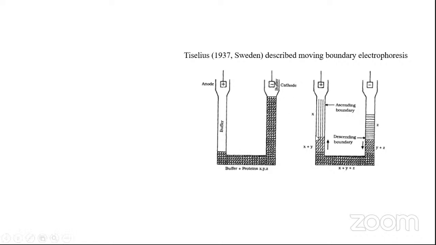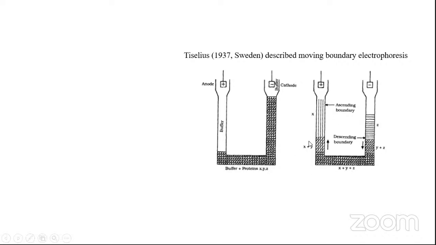A simple example is given over here. Say this is pure buffer, this is also pure buffer, and this portion that you can see is a mixture of three proteins, say X, Y, and Z. When you turn on the electric field, there will be some degree of movement of these charged entities.